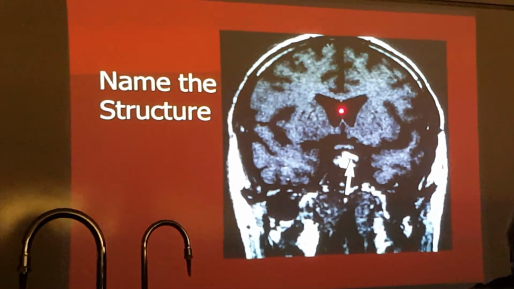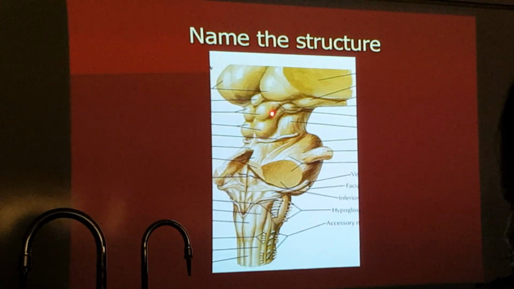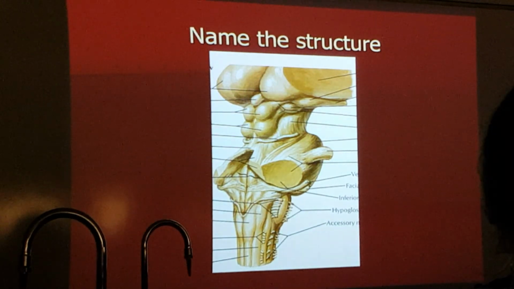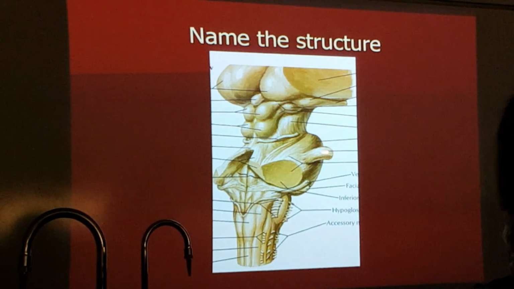How about that little membrane there? One of my favorite things to ask, septum pellucidum. Corpora quadrigemina. I just love the way that rolls off the tongue. The pineal gland. What's that? Trigeminal nerve, isn't it?